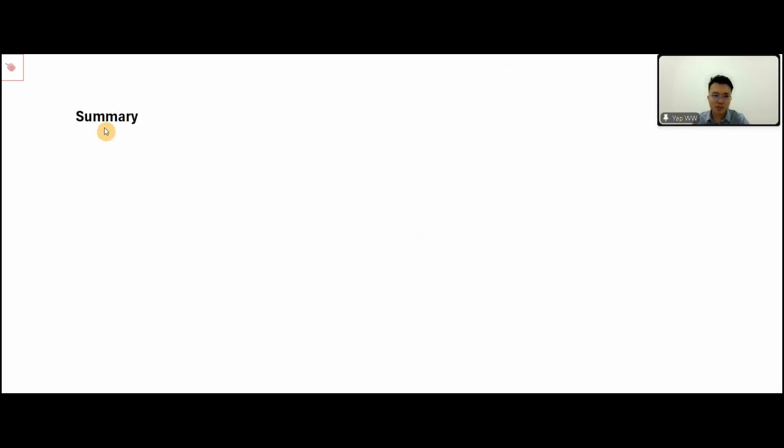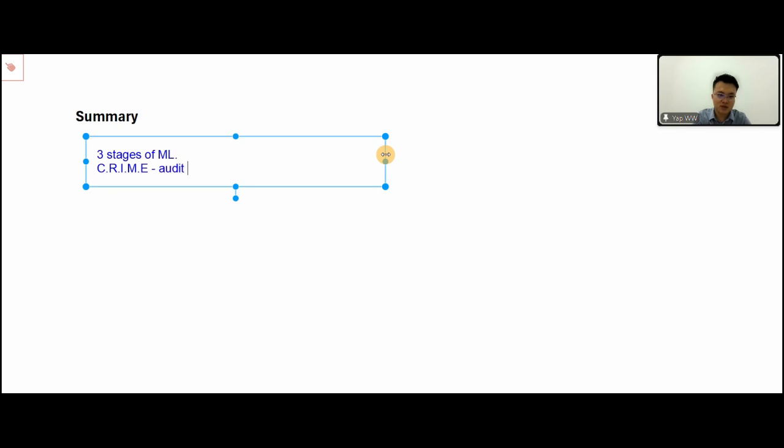Summary of this topic: the three stages of money laundering. That's something you have to remember. The five policies that audit firms have to implement, so that audit firms can avoid money laundering offenses.